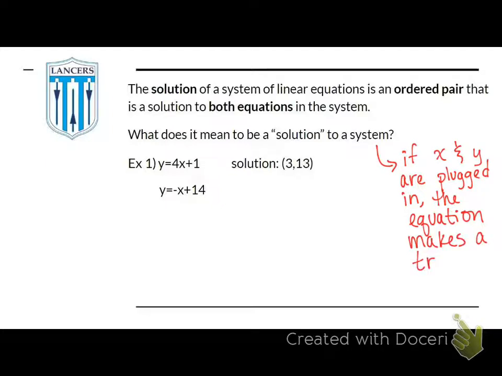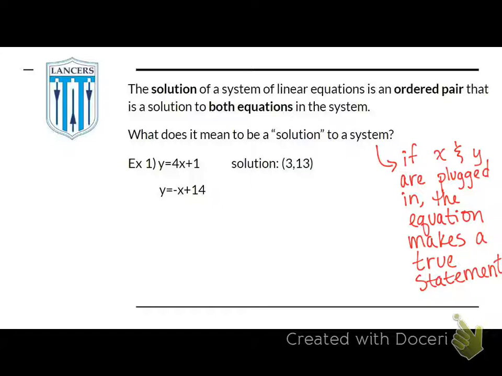And that's got to be true for both. It's got to happen for both equations, not just one. So for it to be a solution, when you plug in x and y, the equation makes a true statement.